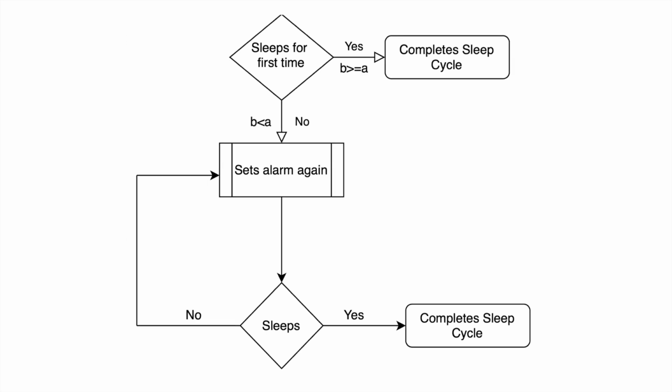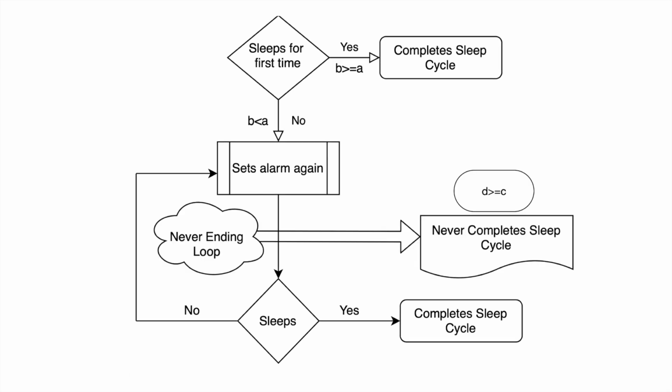The case when Polycarp sleeps for the first time is nothing but B greater than or equal to A. That actually means the time he slept for the first time is greater than or equal to the time he wished to sleep for, then we say he completed his sleep cycle. In the other case, when B is less than A, he sets his alarm again.